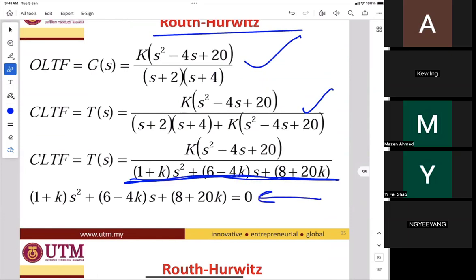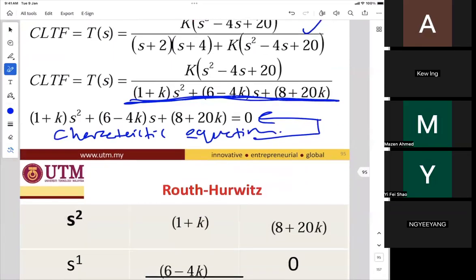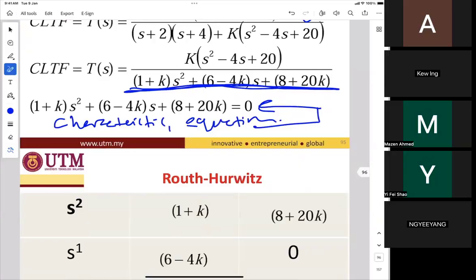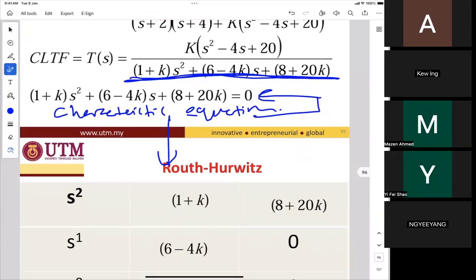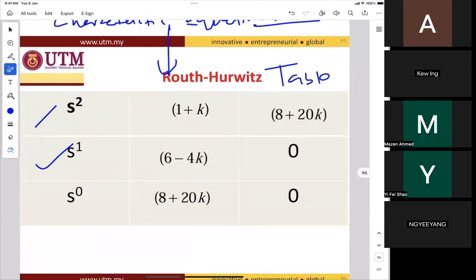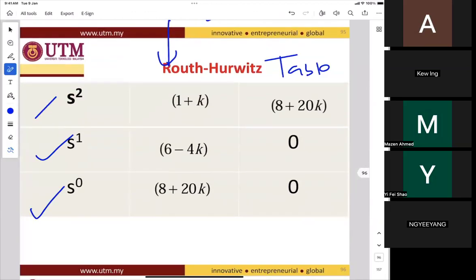This equation we call the characteristic equation. Then you put the characteristic equation inside the Routh-Hurwitz table: S squared, S1, S0.